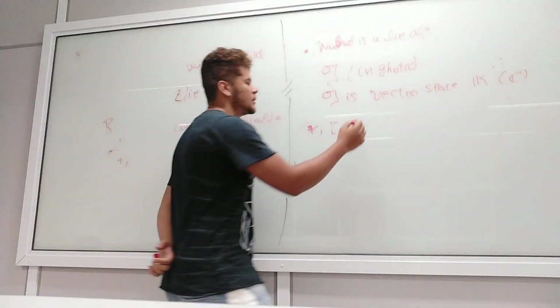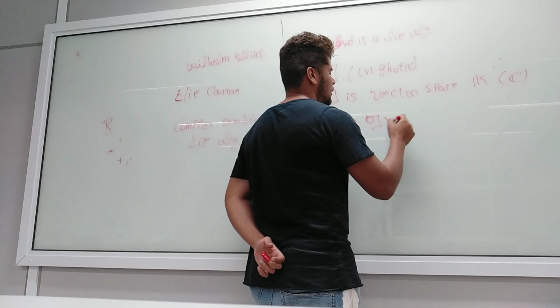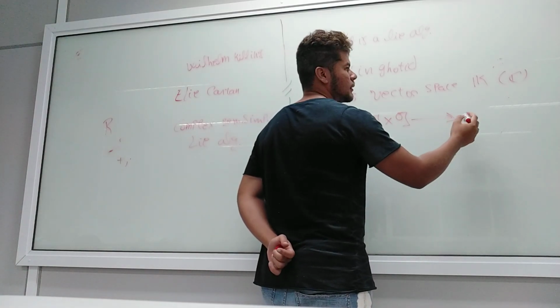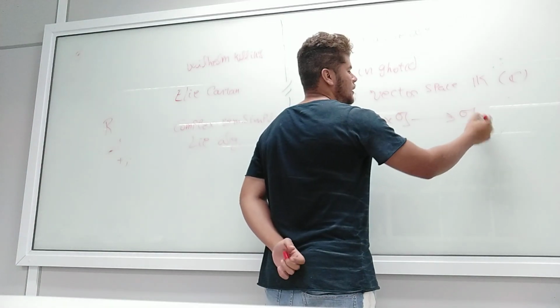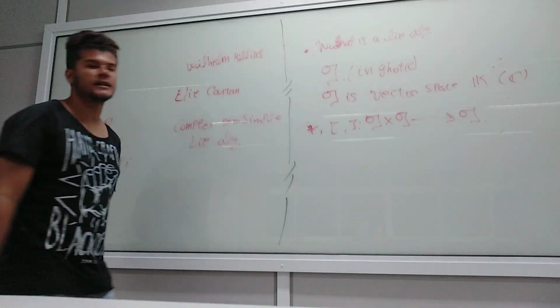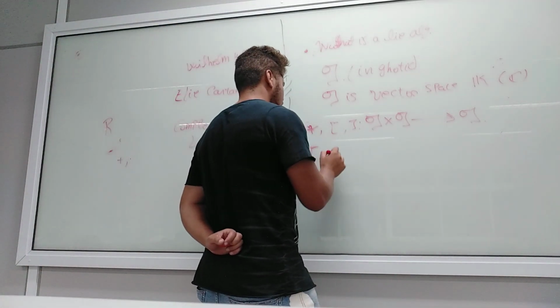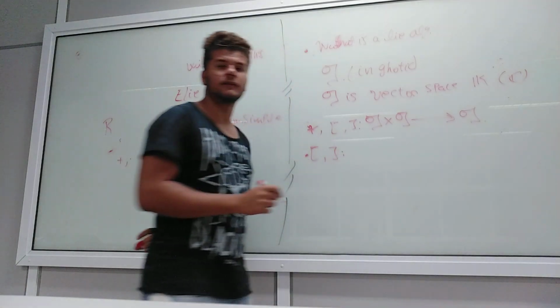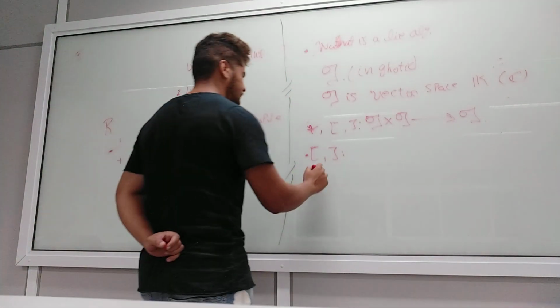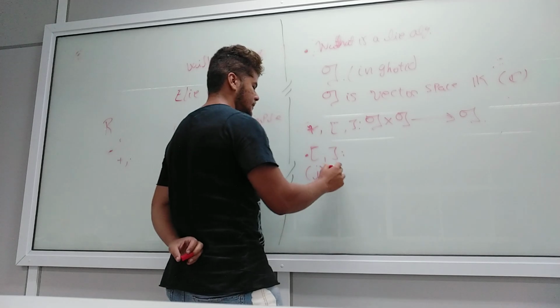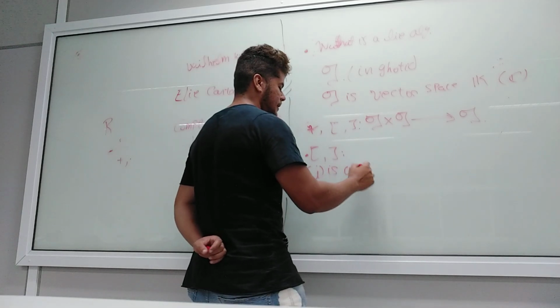It's an operation from G times G to the set G. This bracket satisfies the following conditions. One, it is antisymmetric.